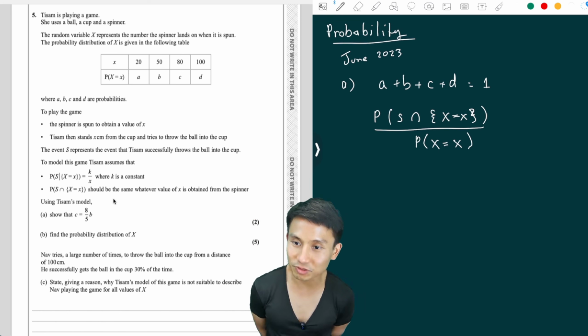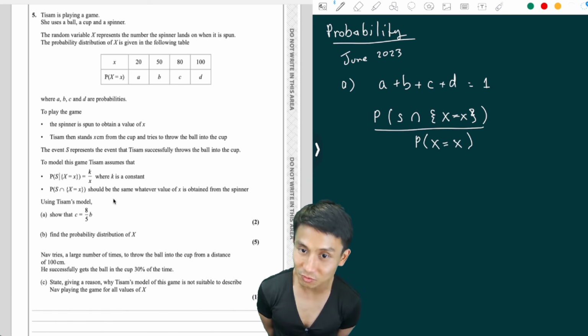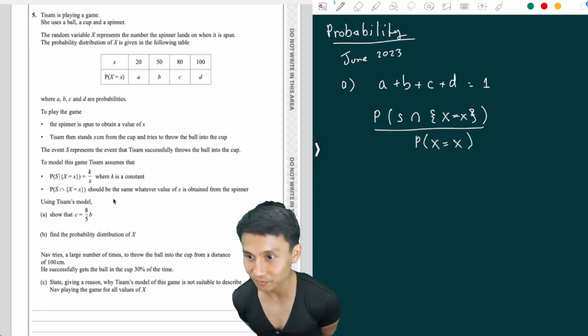The event S represents the event that Tisam successfully throws the ball into the cup.